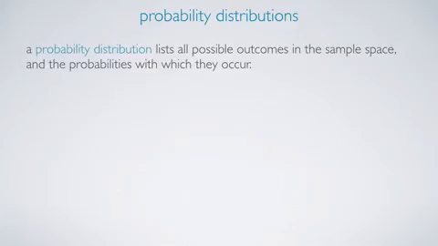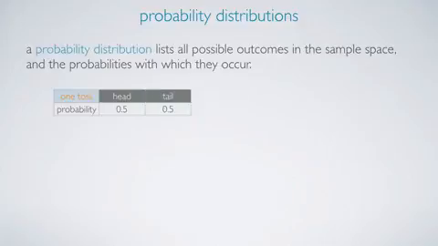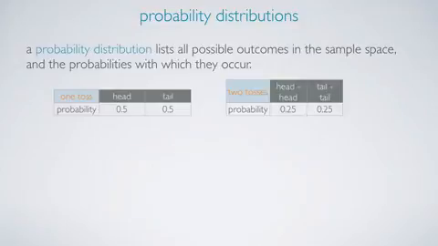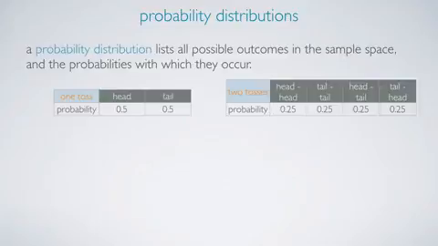Building off of what we learned about sample spaces, a probability distribution lists all possible outcomes and the probabilities with which they occur. Let's say you toss a fair coin once. The possible outcomes are a head or a tail, each of which has a 50% chance of happening. Alternatively, let's say you toss the coin twice. The possible outcomes are both heads, both tails, the first toss is a head and the second toss is a tail, or the first toss is a tail and the second toss is a head.